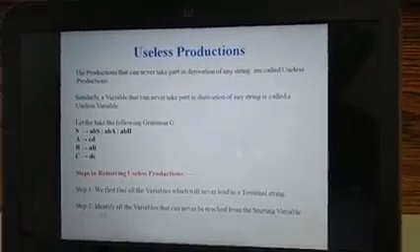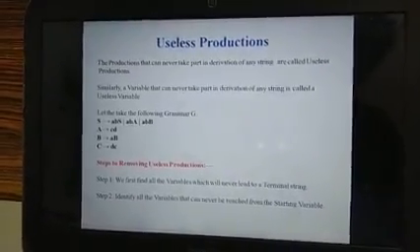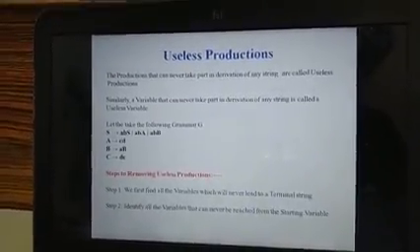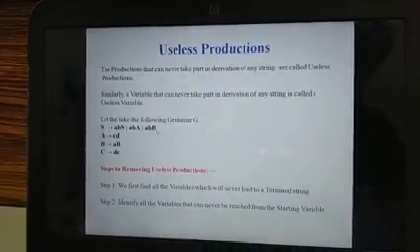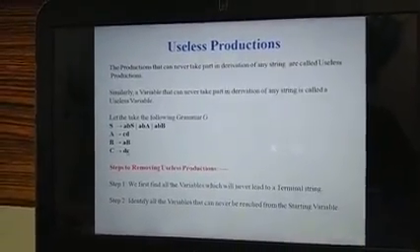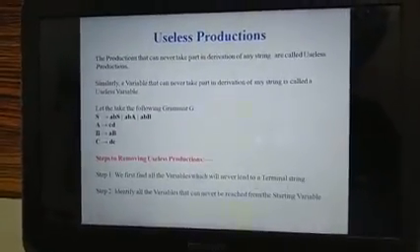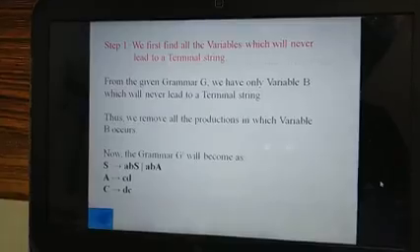In step 2, identify all the variables that can never be reached from the starting variable. Here we can see S is the starting variable. From S we can go to A, and from S we can go to B, but we can never go to variable C. So these are the steps, and we can solve the removal of useless productions by using these steps.